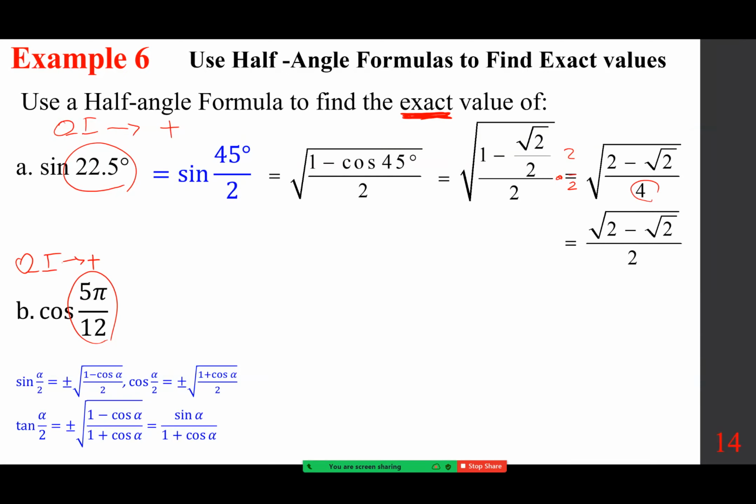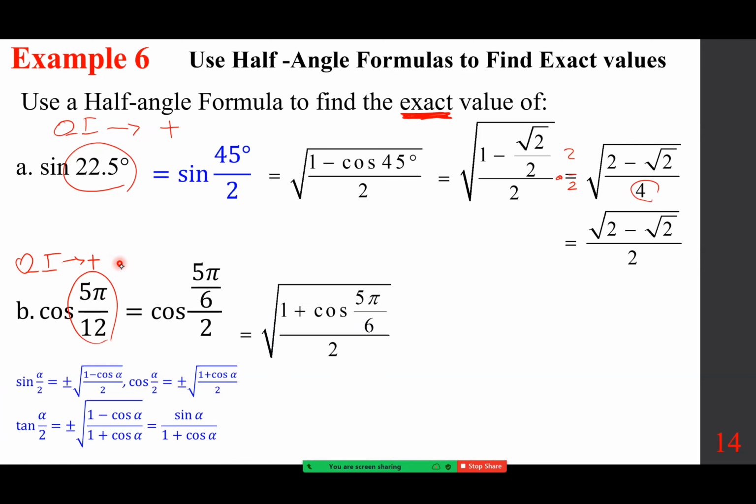For 5 pi over 12, we notice it is 5 pi over 6 divided by 2. And 5 pi over 6, remember, is also a common arc because it involves pi over 6. And cosine of 5 pi over 6. So we are going to use this one for cosine of alpha over 2, and a plus sign only because we established it's positive.